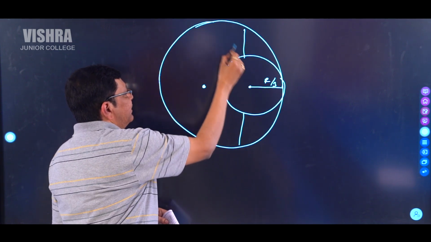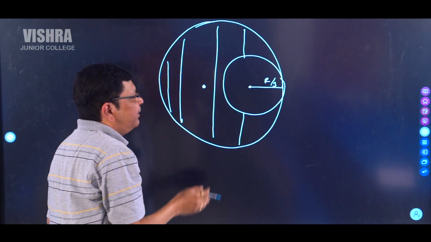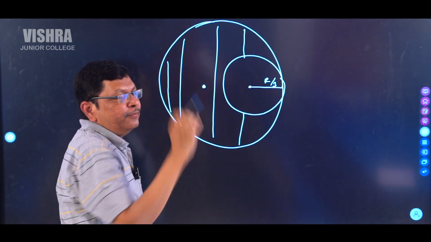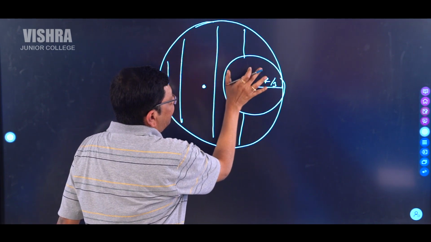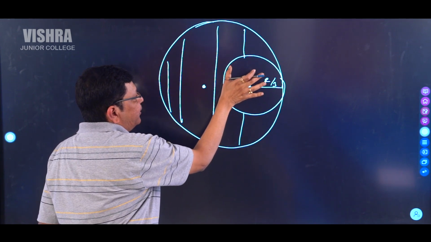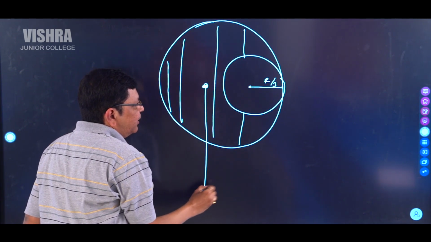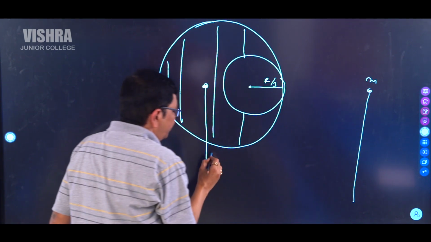Then if this is removed, the remaining portion's gravitational field intensity will be the total gravitational field intensity minus the part due to what we have to remove. So from the total, let us first find the gravitational field intensity due to the removed part of the sphere. From the original sphere to the point mass m, the distance is 2r.